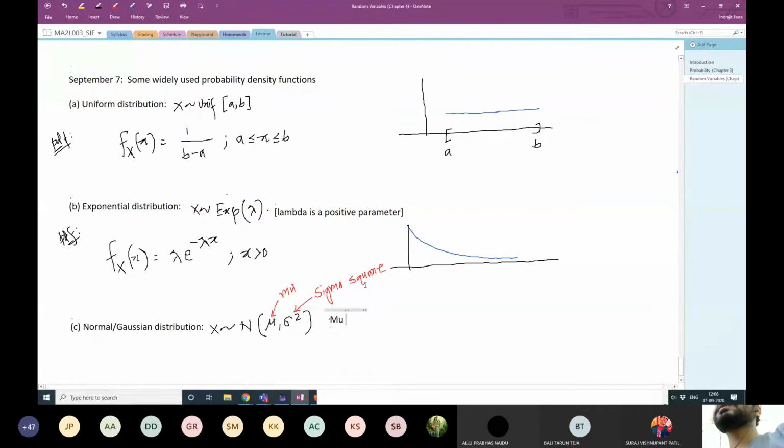This mu and sigma are parameters. Mu can be any real number. Sigma is a positive parameter.